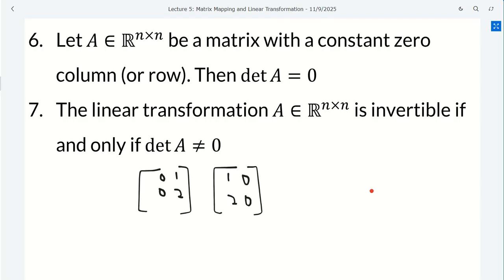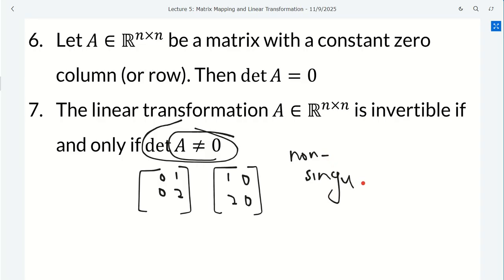Then the linear transformation is invertible if the determinant is not equal to 0; if it is 0, it is not invertible. That is what we call a singular matrix, and you don't want a singular matrix. Because you move from volume or area to something lower.